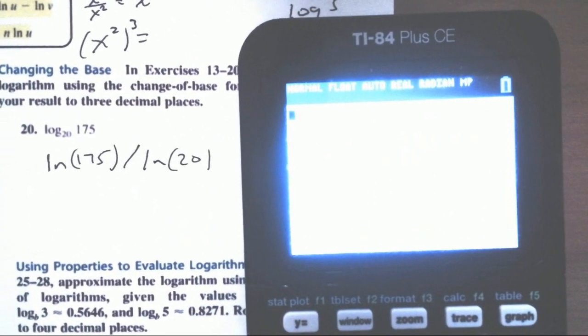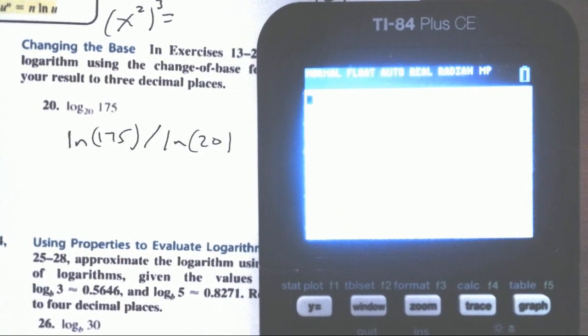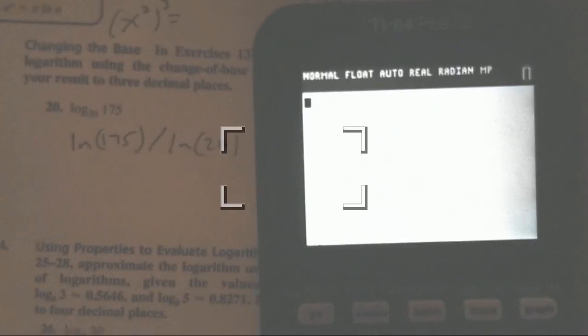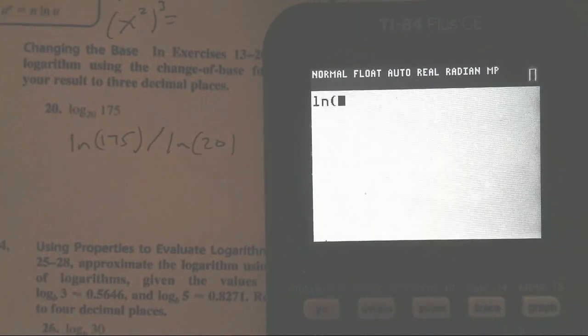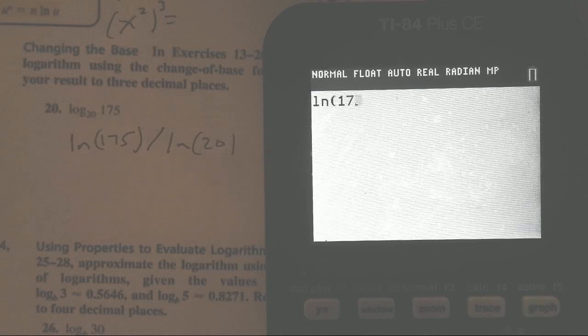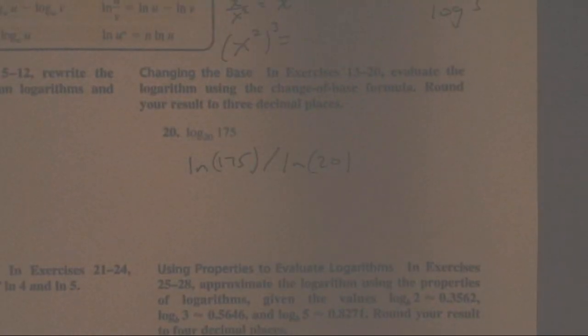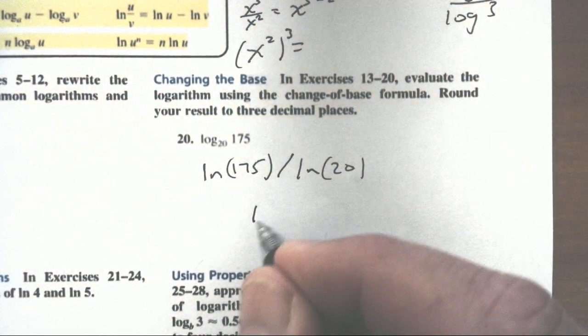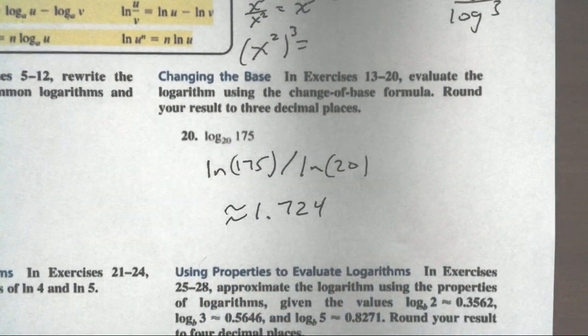So we have ln 175 divided by ln 20 and rounded to 3 decimal places. Easy enough. 1.724, approximately equal to.